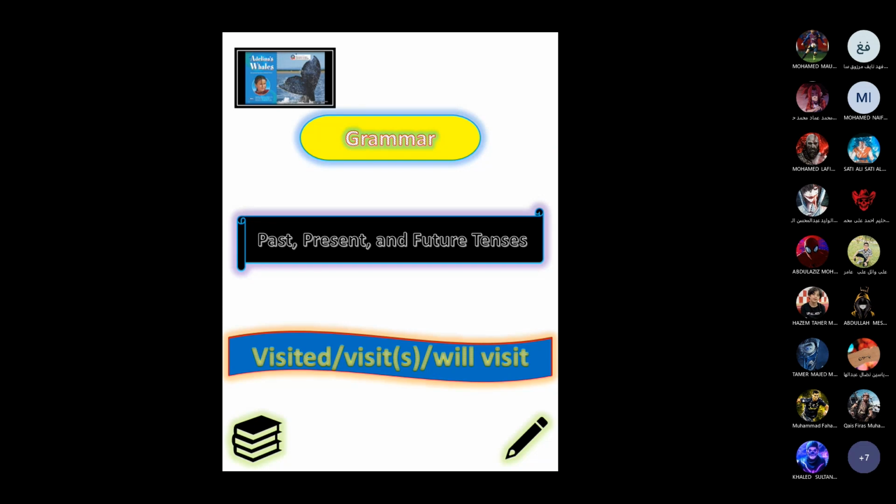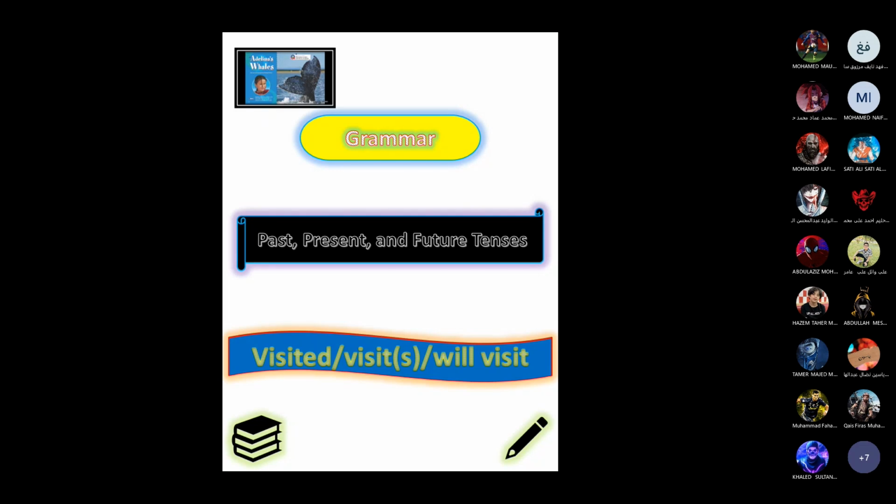Okay, so the ordinary one, you add ed, such as visited. You add ed to form the past. But the verb go is unusual, and you have to change the spelling of the verb to say went. This is the past form. So we have 2 different forms in the past.